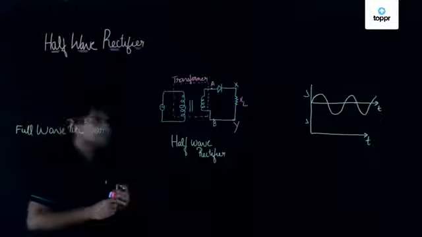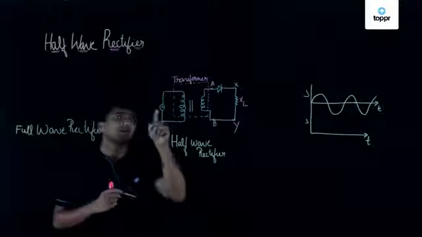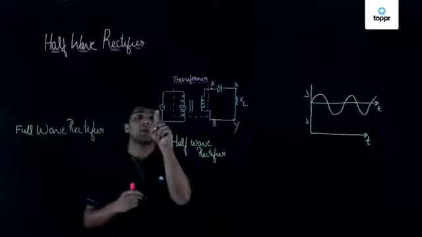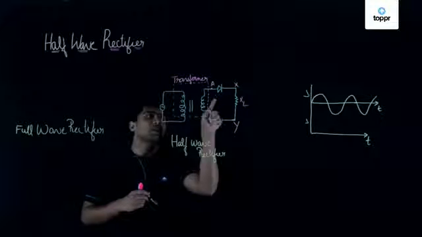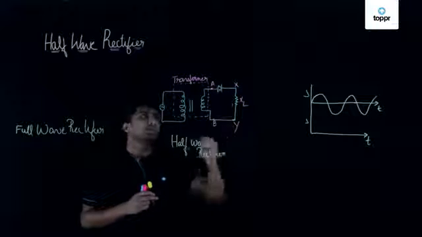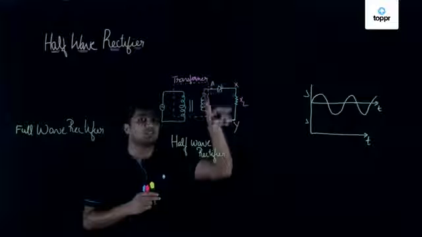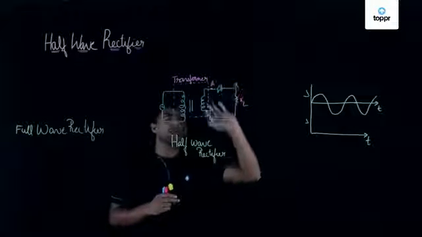As you can see here, this is the diagram of a half wave rectifier. Here you can see I have given an external alternating voltage to a transformer which has a primary and secondary winding. Here you can see two points which show in which direction the diode is biased.